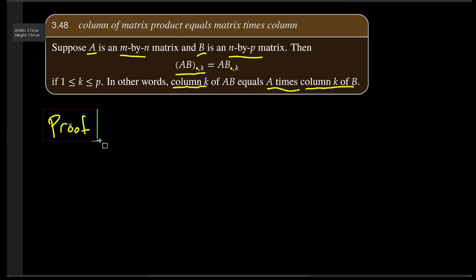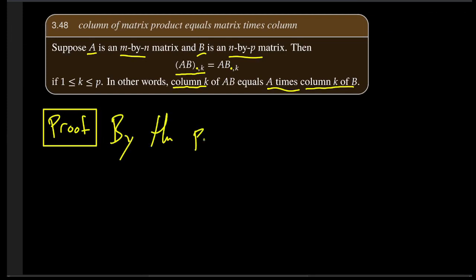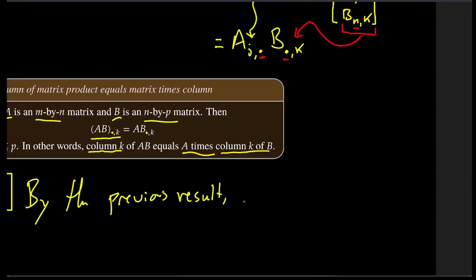All right, let's prove it. By the previous result, the jkth entry of AB is equal to A_{j,·} B_{·,k}.